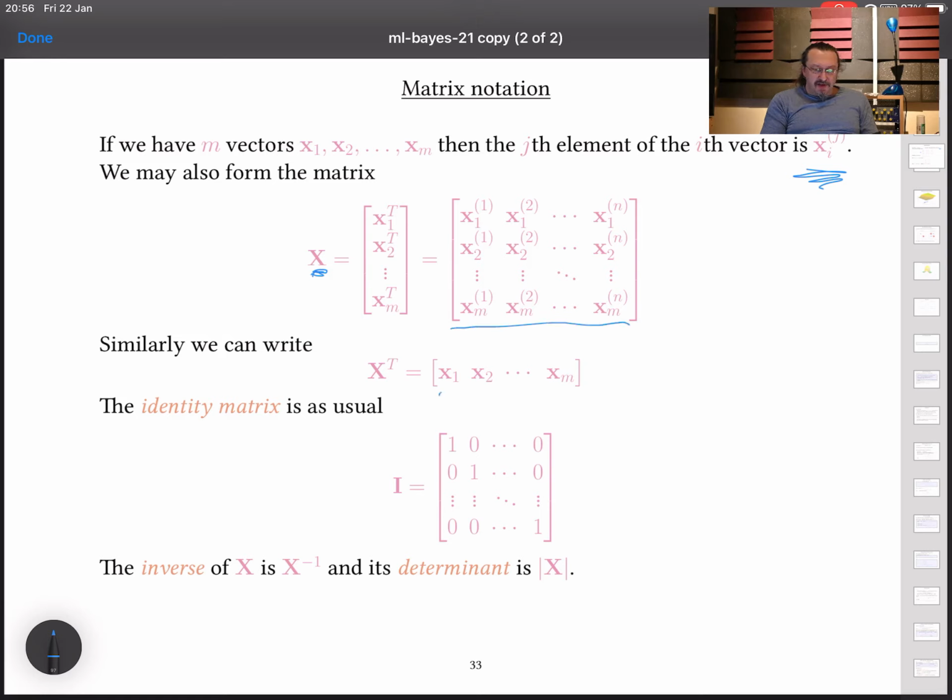Or we can write it in terms of column vectors, like this. This is really horses for courses. And I can tell you in advance that there are parts of this course where you will have to spend a bit of time getting used to this kind of wrangling of vectors and matrices. At some point we're going to get into the fact that you need to be able to differentiate quantities that involve vectors and matrices, sometimes differentiating with respect to a vector or a matrix.